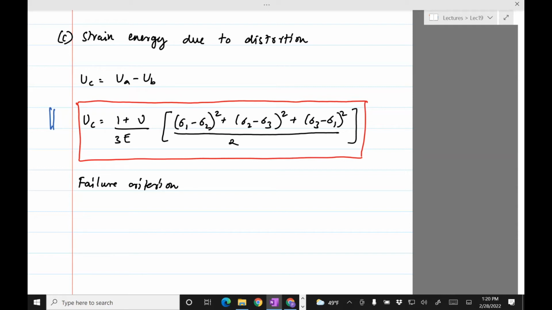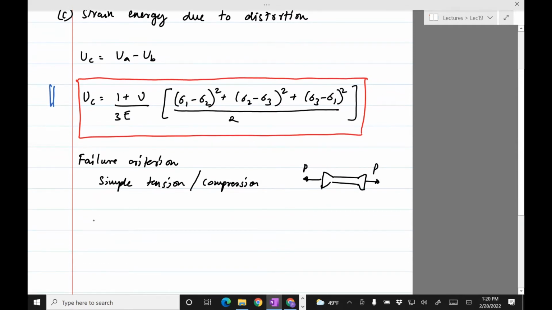We've already done most of the work. We only need to compute what that energy would be in simple tension or compression, which is this loading, uniaxial loading.